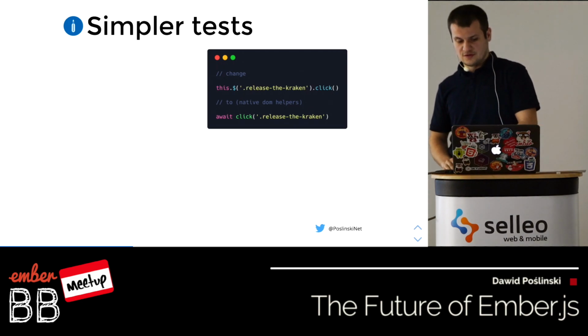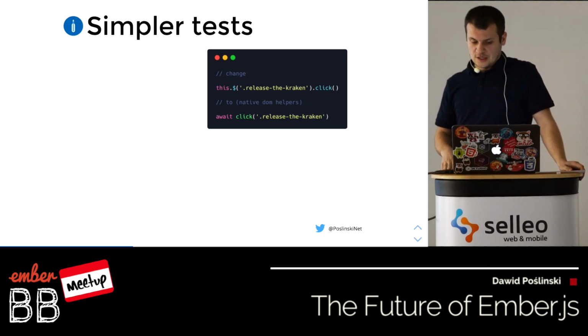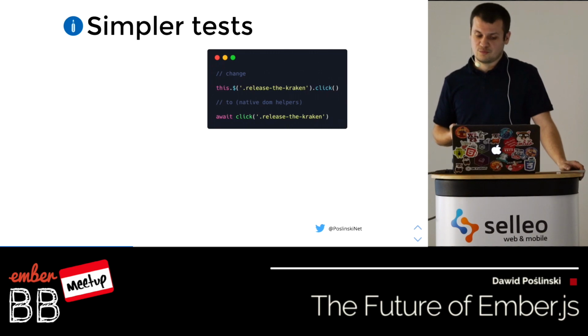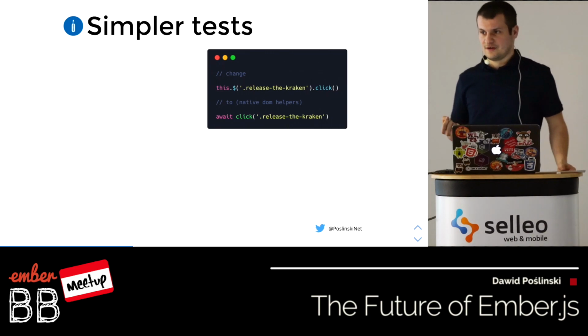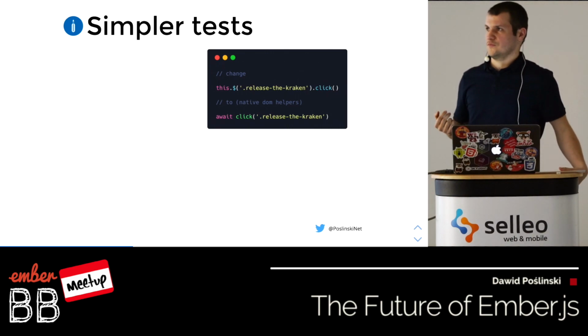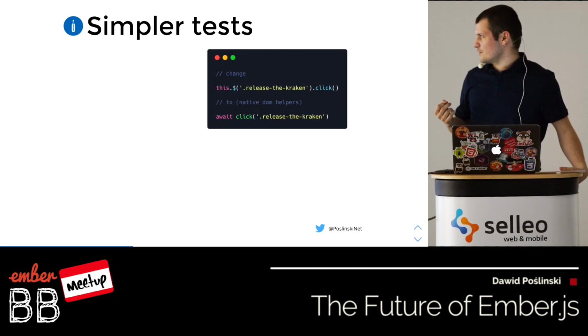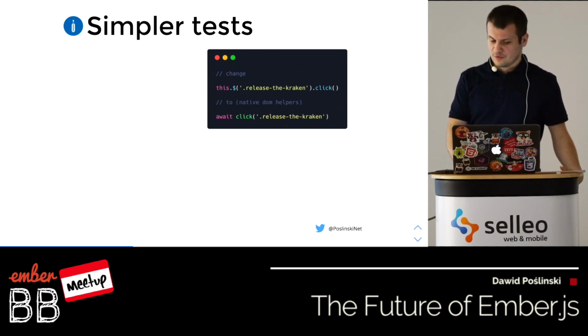Because of that, native DOM helpers under the hood use query selectors, and they also already return promises. So we can await our code and have more synchronous-like code, which is more readable and definitely easier to write.